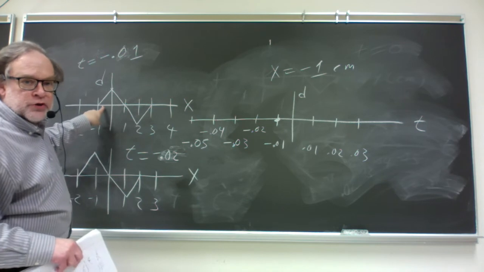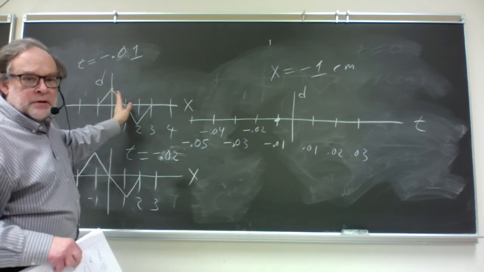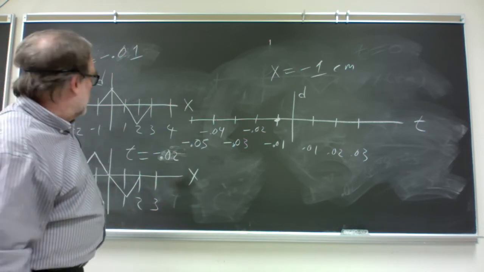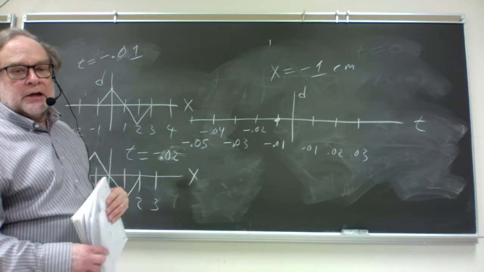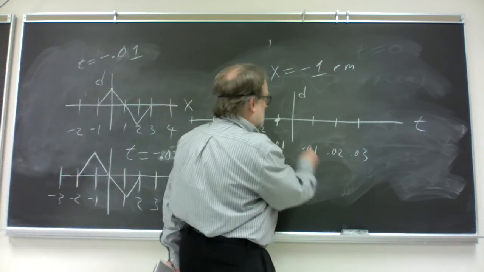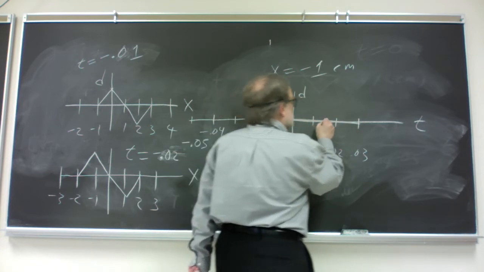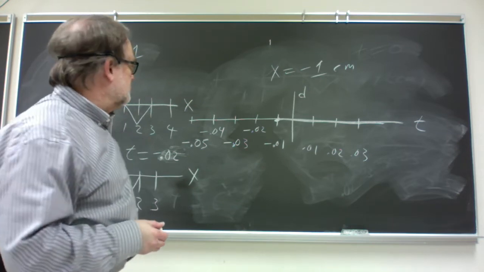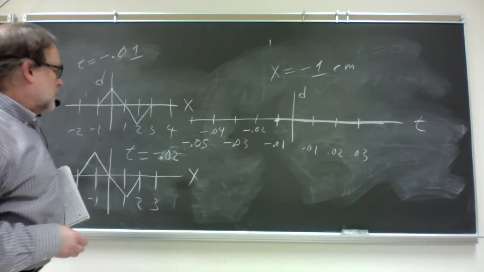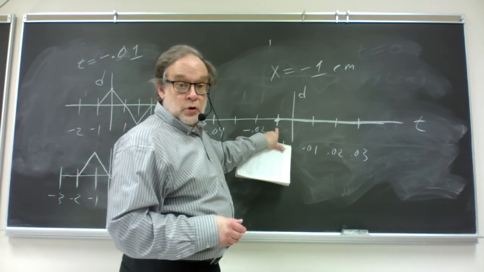This pulse is moving to the right, so that at all times after this time, the pulse is getting farther and farther away from the minus 1 centimeter point, so nothing is happening any longer to the minus 1 centimeter point. It doesn't have any displacement, so at all these times, zero displacement away from equilibrium. Okay, well, this is where the pulse finished moving through the x equal minus 1 point.